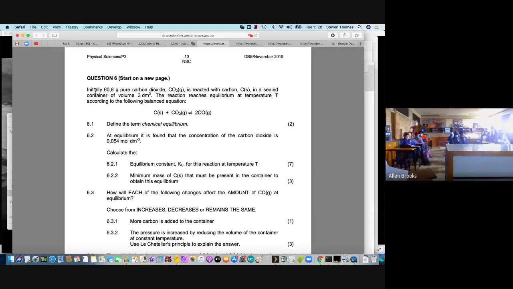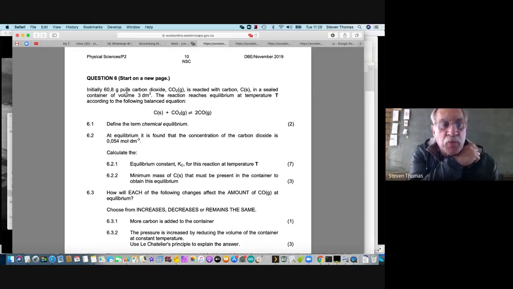No, sir. Okay. Initially, 60.8 grams of pure carbon dioxide is reacted with carbon. So this is like flour and baking powder in a sealed container of volume 3 dm³. That means 3 decimeter cube. The reaction reaches equilibrium at a temperature according to the following equation.